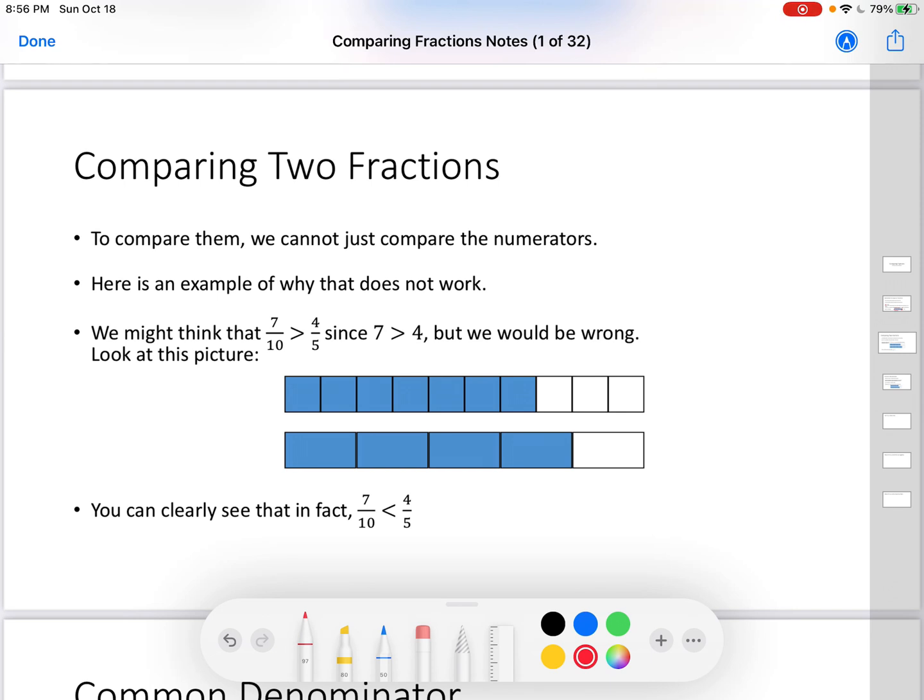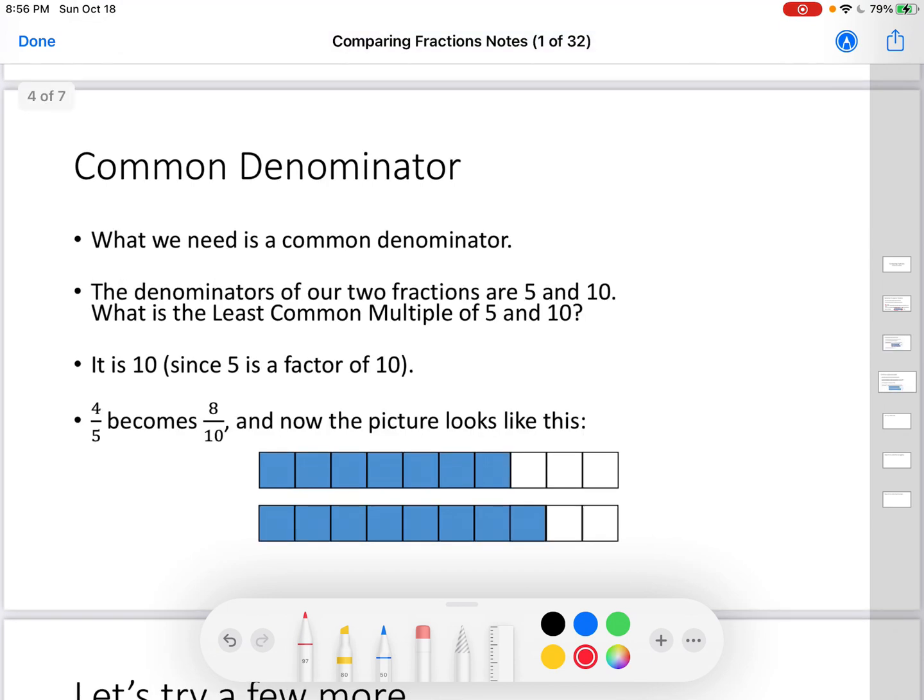Here are 7/10 and 4/5. 4/5 is bigger than 7/10. You can clearly see it. 7/10 only goes up to here, 4/5 goes up to here. 4/5 is bigger.